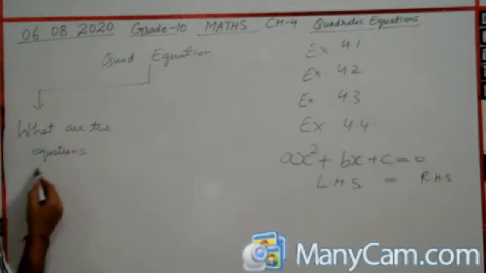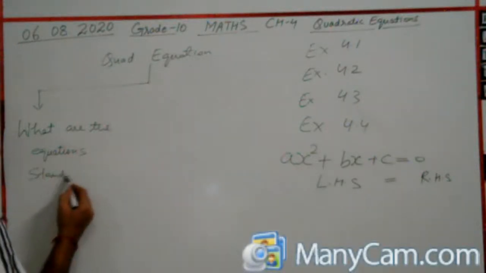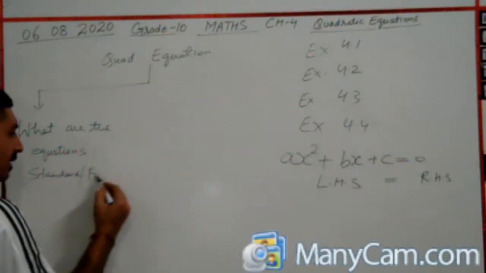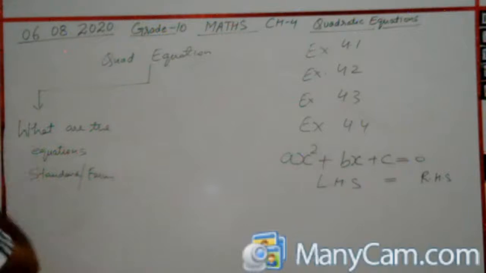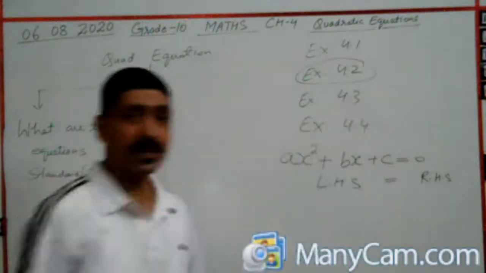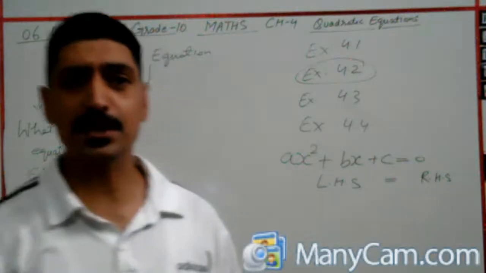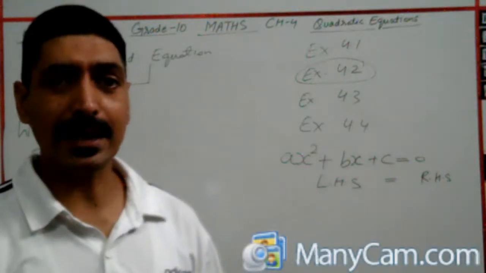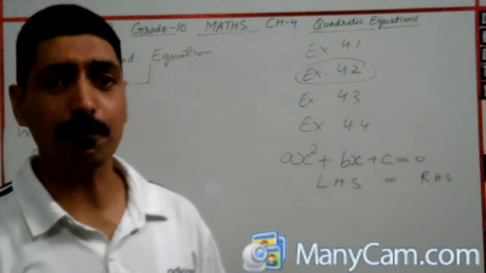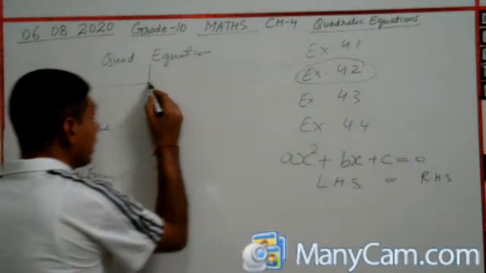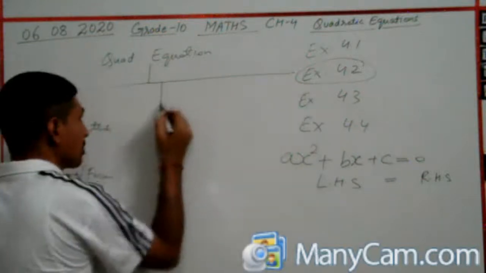Now, first we will say what the quadratic equations are, their standard form, and some examples, right? After it, in exercise 4.2, we have the very basic concept of quadratic equations, and that is the method of factorization.